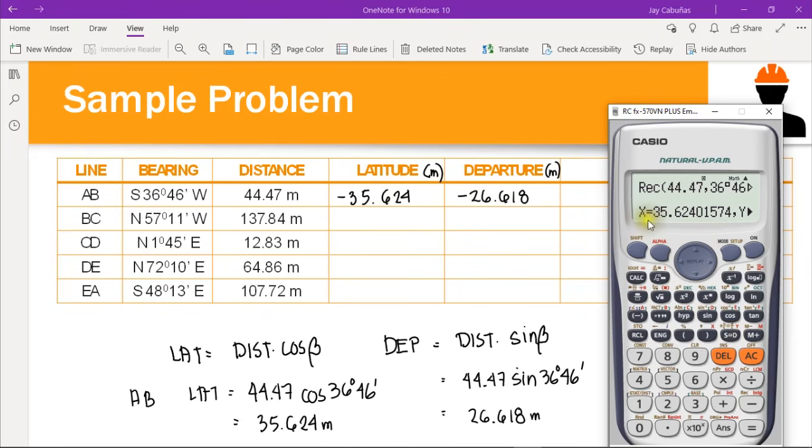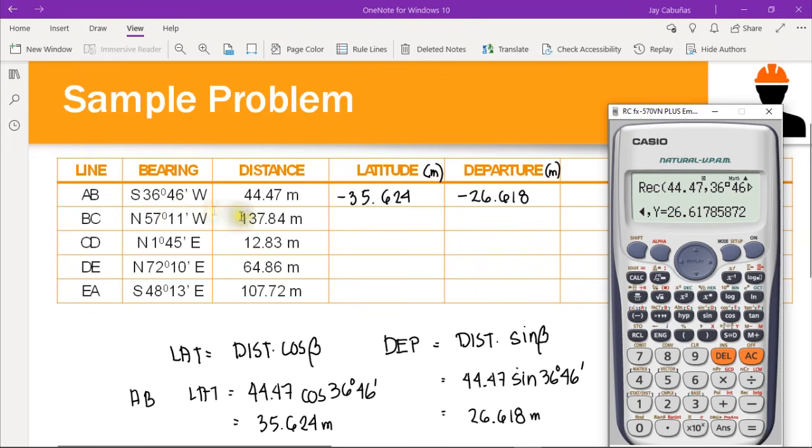This is supposed to be the y value, but the orientation of our calculator is different, since the angle refers from the horizontal axis. So if you are using your calculator, the x value is the latitude, and the y value is the departure. We have negative values since we have southwest.